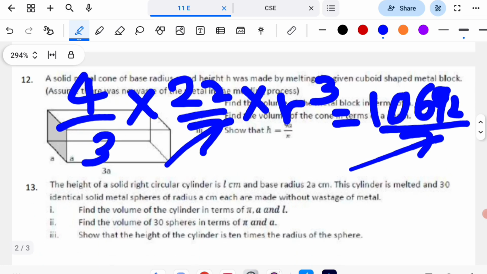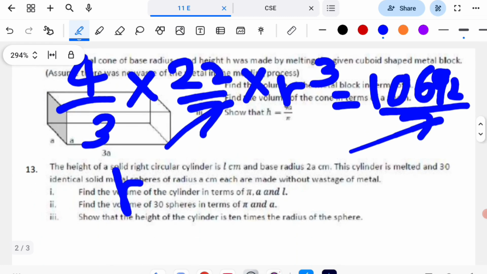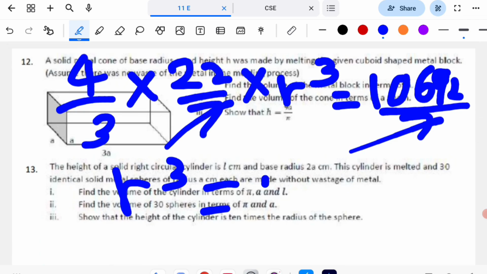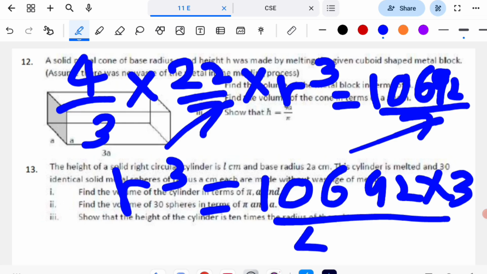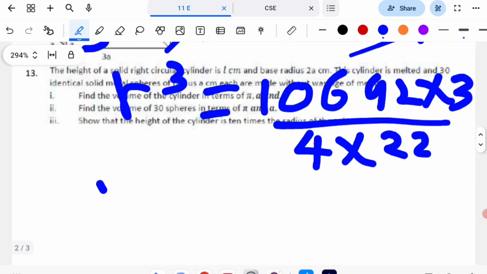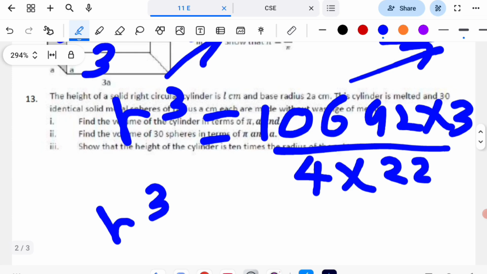Then I will bring all numbers to the right hand side. r³ is 10,692 multiplied by 3 divided by 4 into 22. Then I will simplify it. We can cancel out by 11. 22 divided by 11, 2.